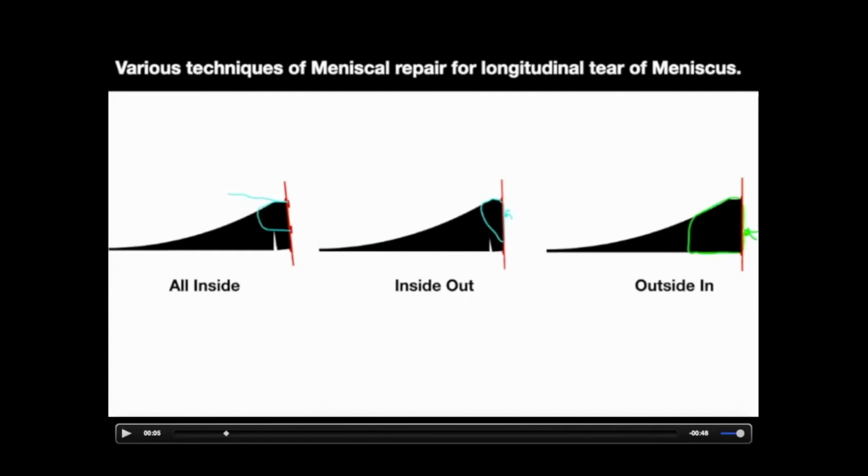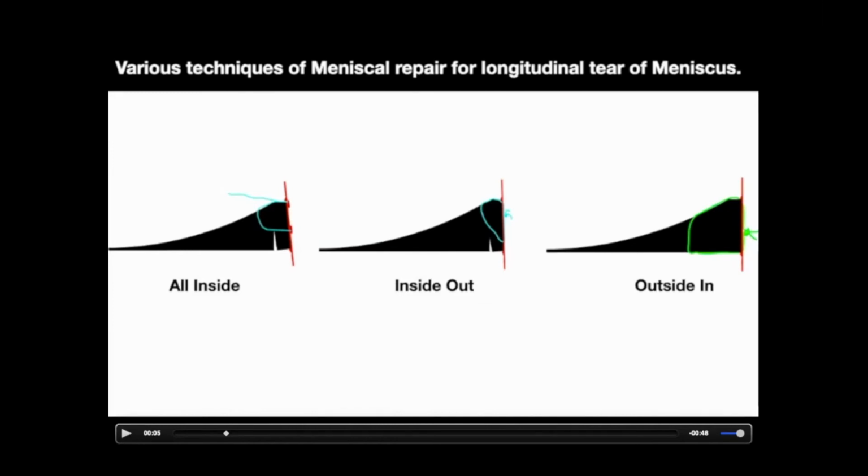So we always have to supplement superior meniscus repair with inferior meniscus repair so that the meniscal tear will be opposed. Similar is true with inside out and all inside repair. So there is the need for more sutures, and more sutures mean more money. So these are the problems with all inside and outside in techniques.